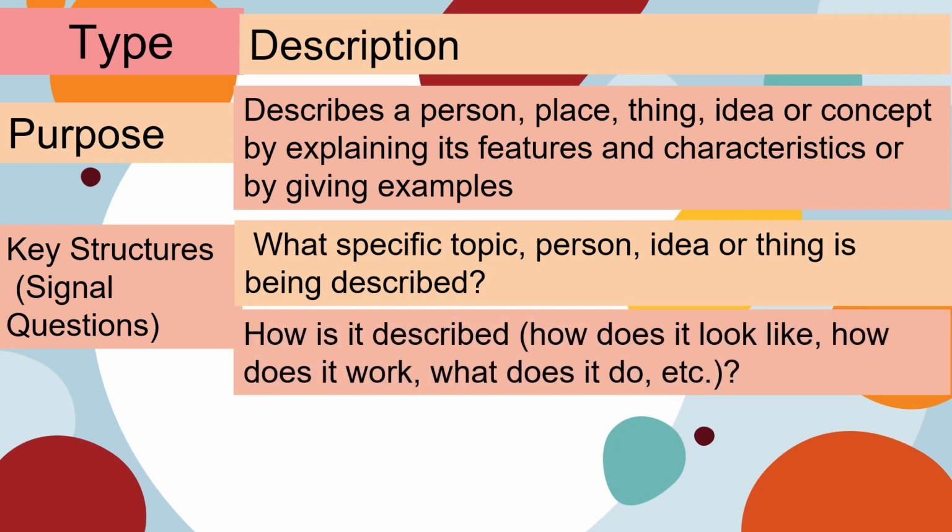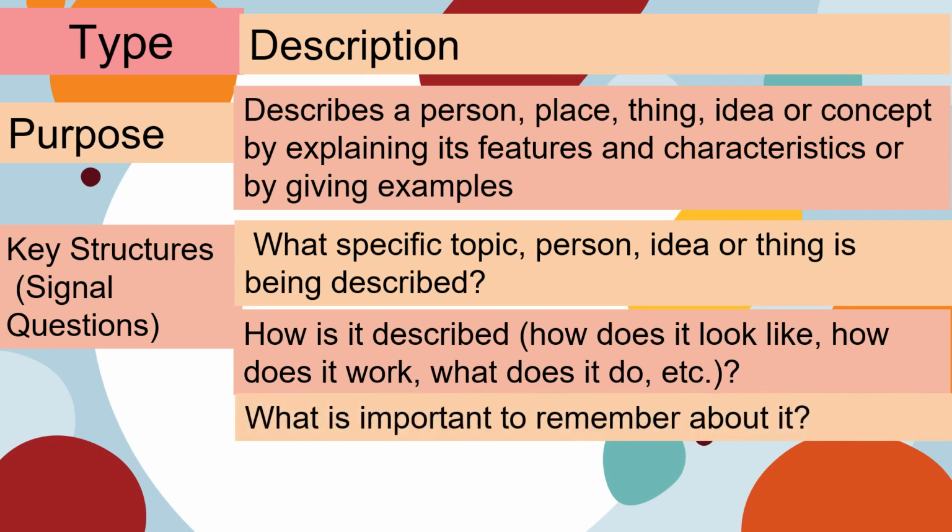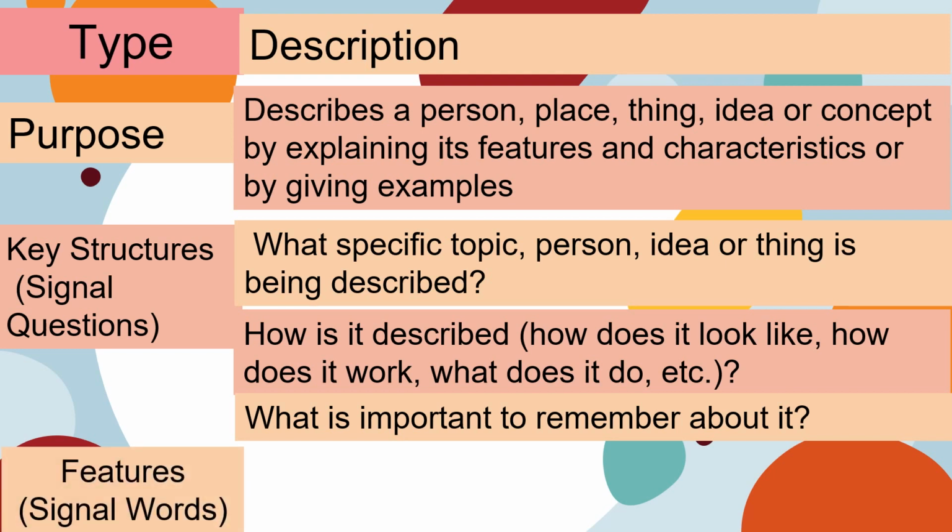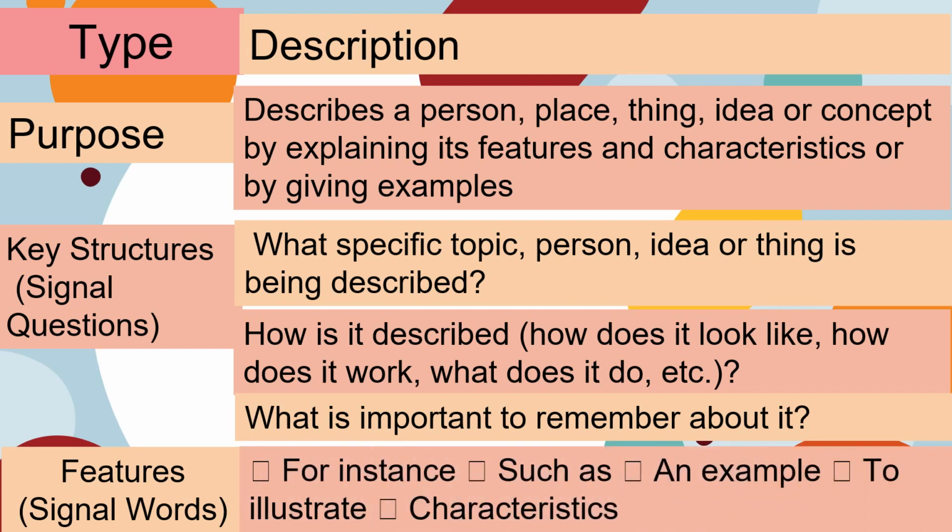How is it described? What does it look like? How does it work? What does it do? What is important to remember about it? And the features and the signal words, for instance, such as, an example, to illustrate, characteristics.